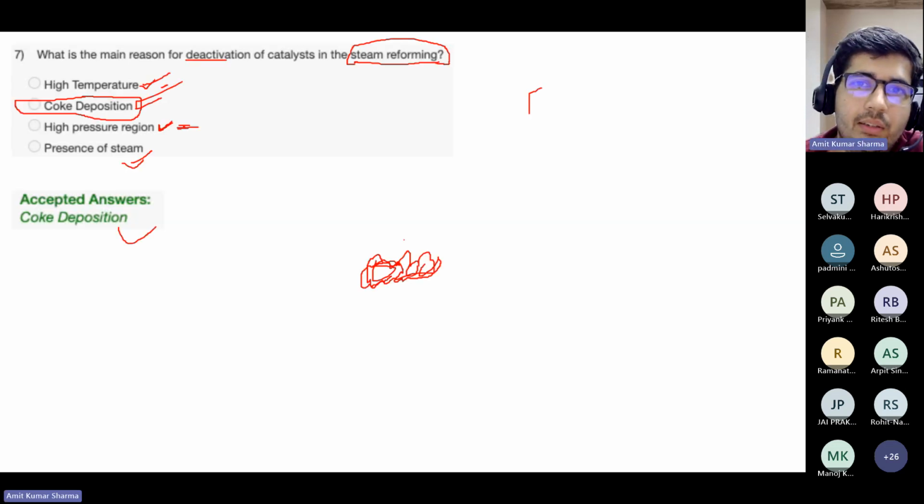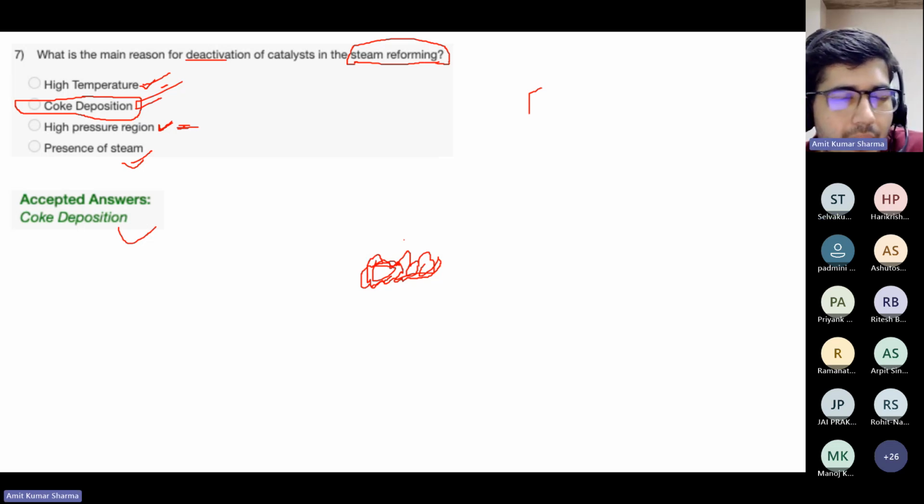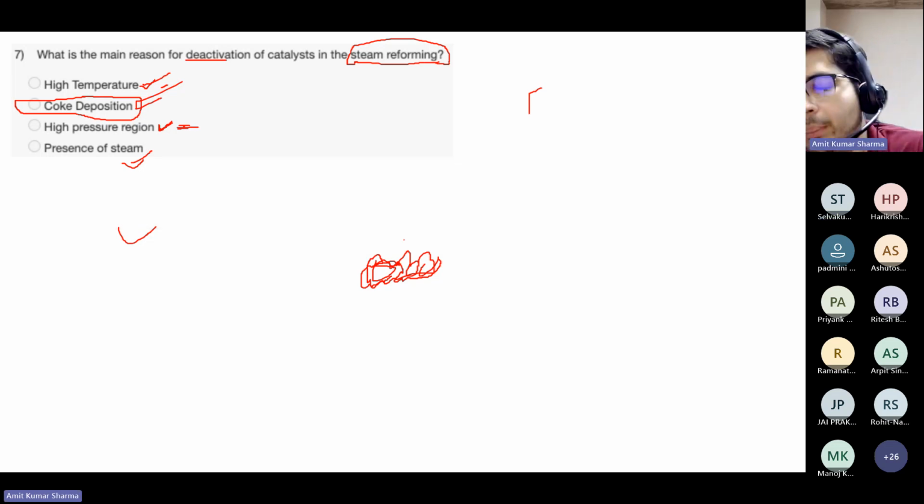The reactions are favorable at lower pressure, but I think normally industry people are operating at higher pressure only. But maybe if the pressure is higher, the reaction kinetics will be affected, because there are many side reactions also, so maybe those are affected by the pressure.